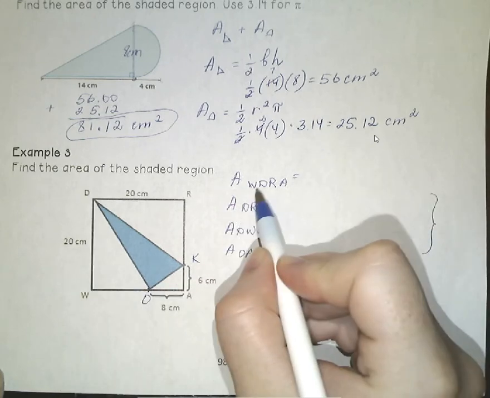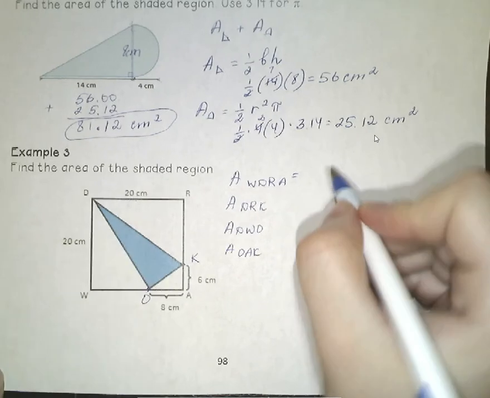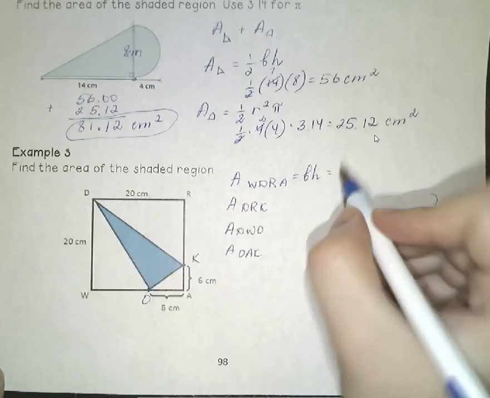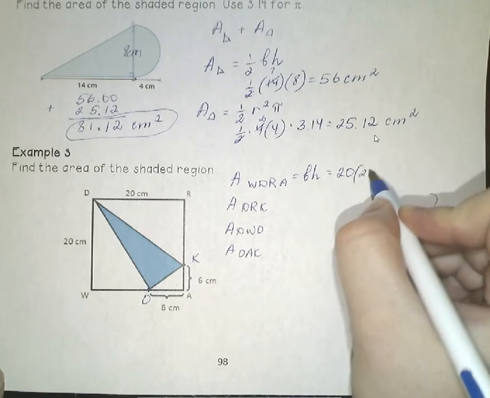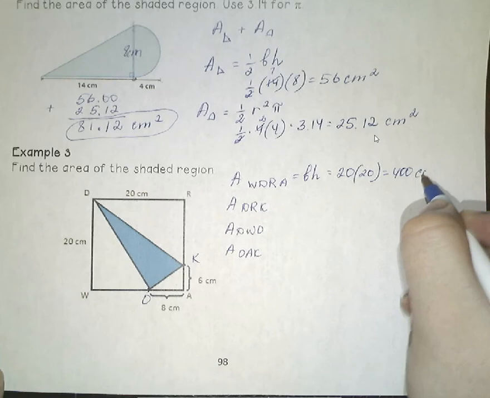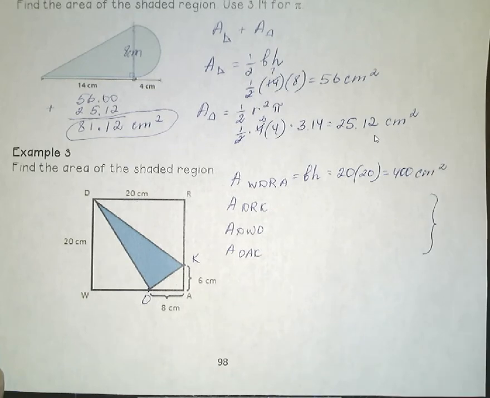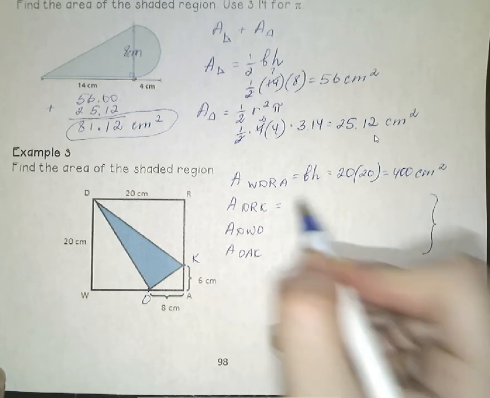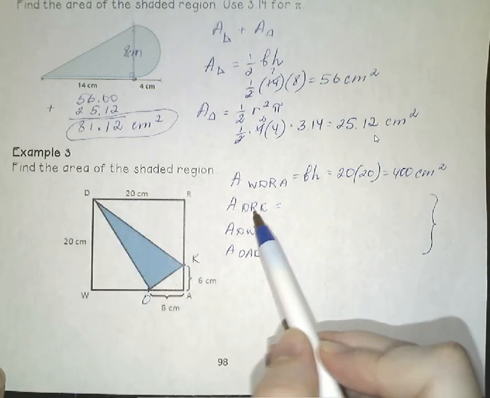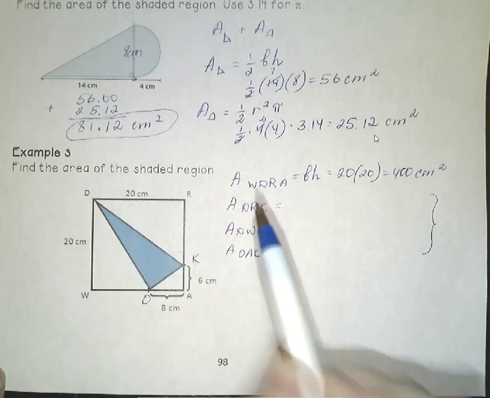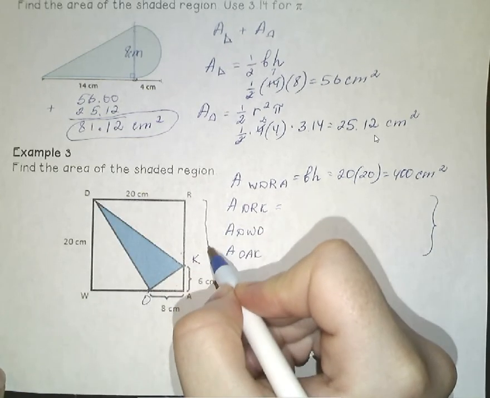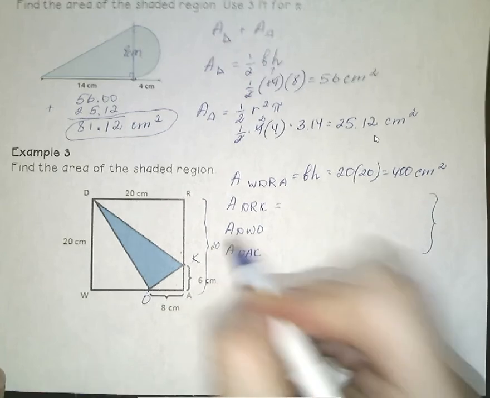So the area of the WDRA can be found by multiplying base by height, which is 20 by 20, 20 times 20, 400 centimeters squared. Okay, now the DRK, this one right here. So the whole side of RK is 20.